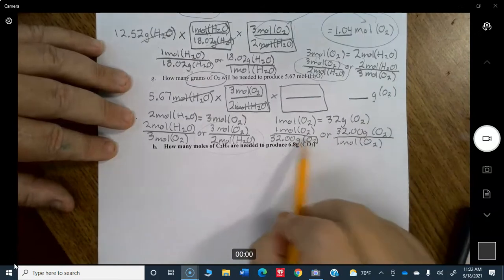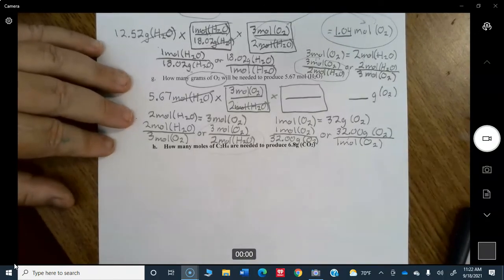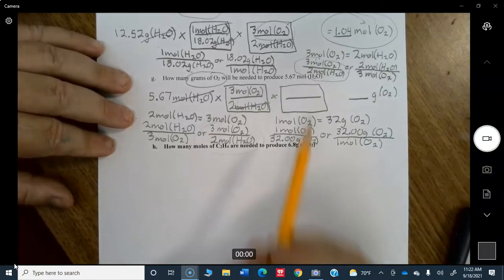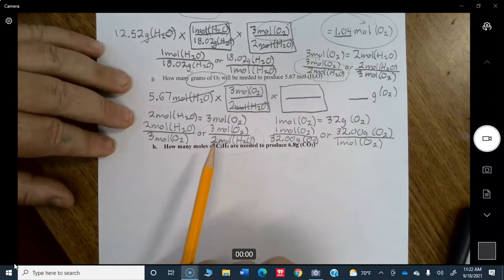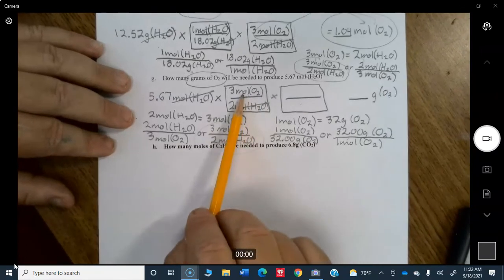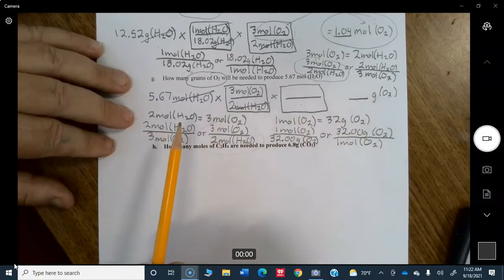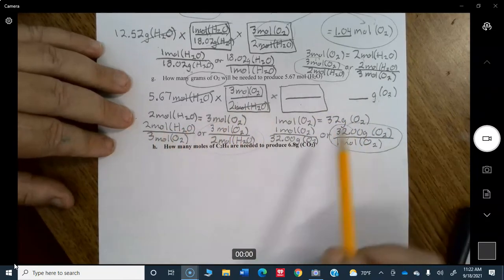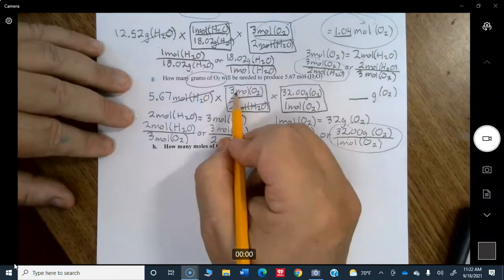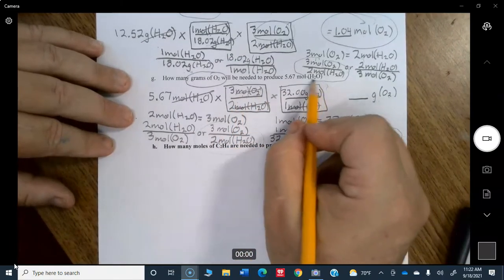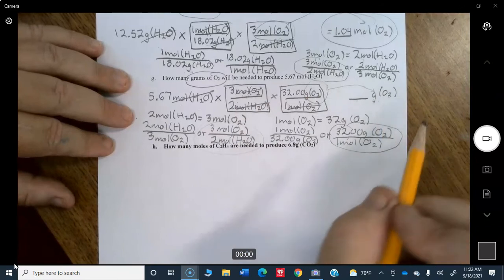Okay, there's your two conversion factors, your ratios. So which one is going to go in this box? Need moles of O2 to cancel out and grams of O2 to appear on the top for the final answer. So it's going to be this one. So moles of O2 cancels. The last units you have are grams of O2.